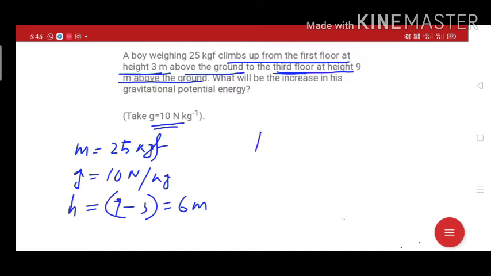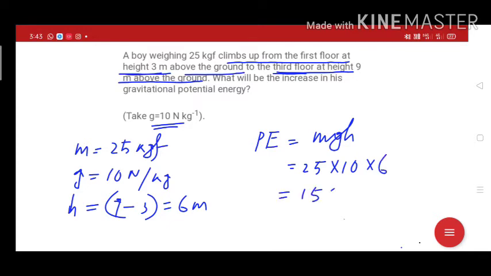So the potential energy is going to be mgh, you know, and m is 25 over here, and g is 10, it is given, and height is 6, so 1500 joule.